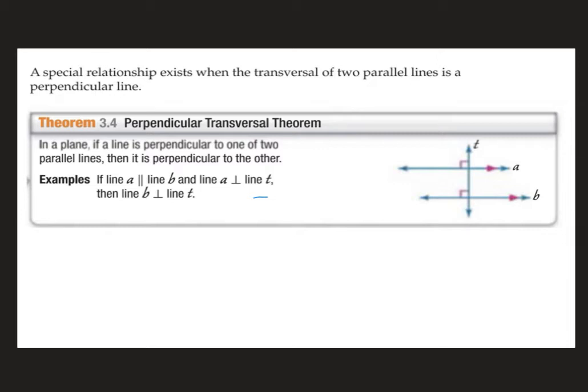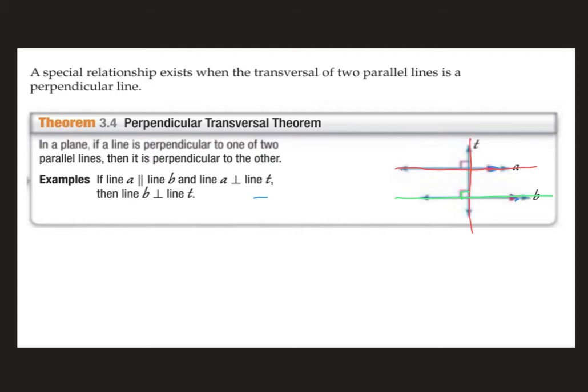So basically, if we are told that these two lines, A and B, are parallel, and we are told that line T is perpendicular to one of the lines, so let's say line T is perpendicular to line A, then that means that it automatically has to be perpendicular to line B. So if we're told that whatever is in red is true, we can just assume that the line in green is also perpendicular because of the perpendicular transversal theorem.